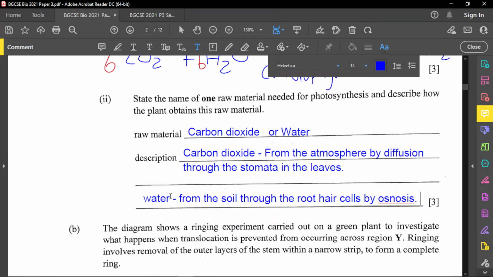All right. At this point, I need to mention something that is very important: light is needed by the plant as well, and the plant will obtain light from the sun through rays, or you can say through waves, because light is a form of wave.